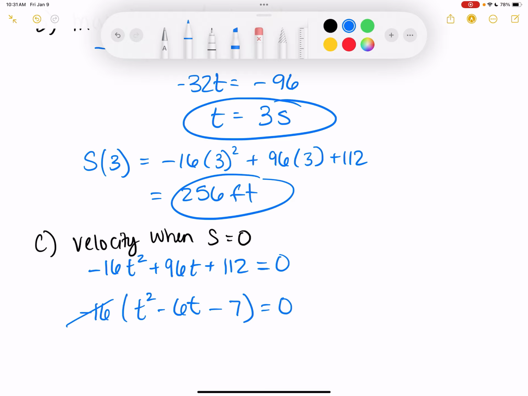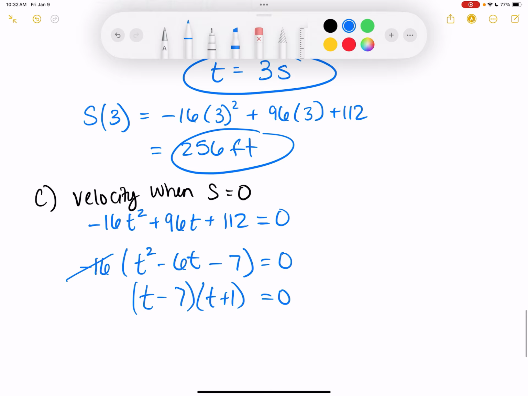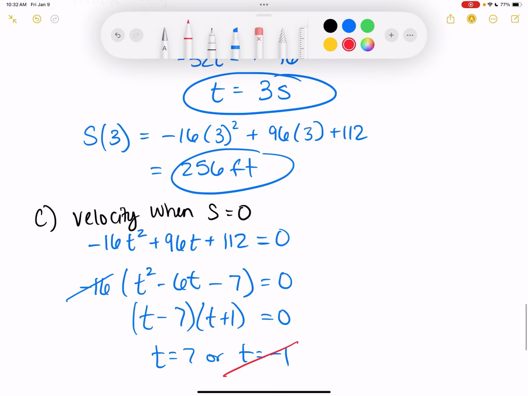And so then factors here, t plus 7, nope, t minus 7, t plus 1. And so t equals 7 or t equals negative 1. Well, I can't have negative time, so I'm going to cross that one out. Then I'm going to plug this into my velocity equation.